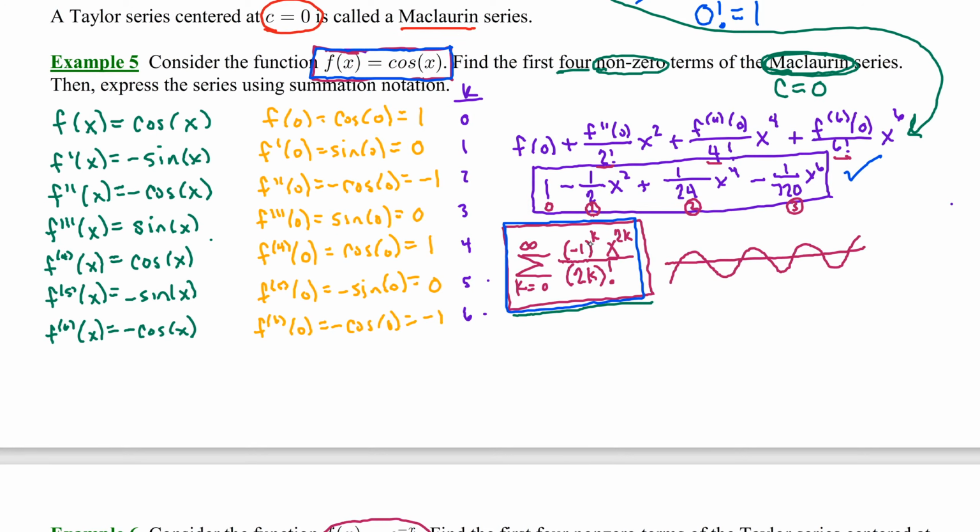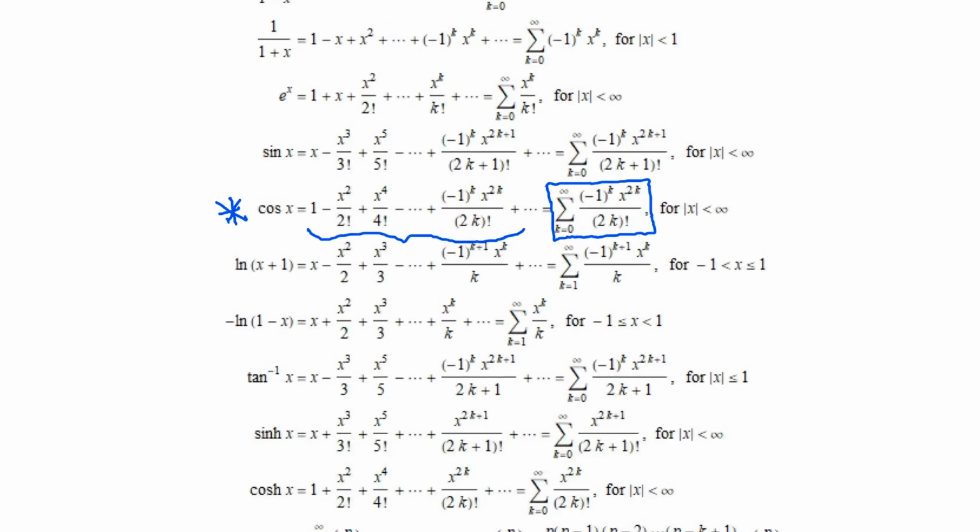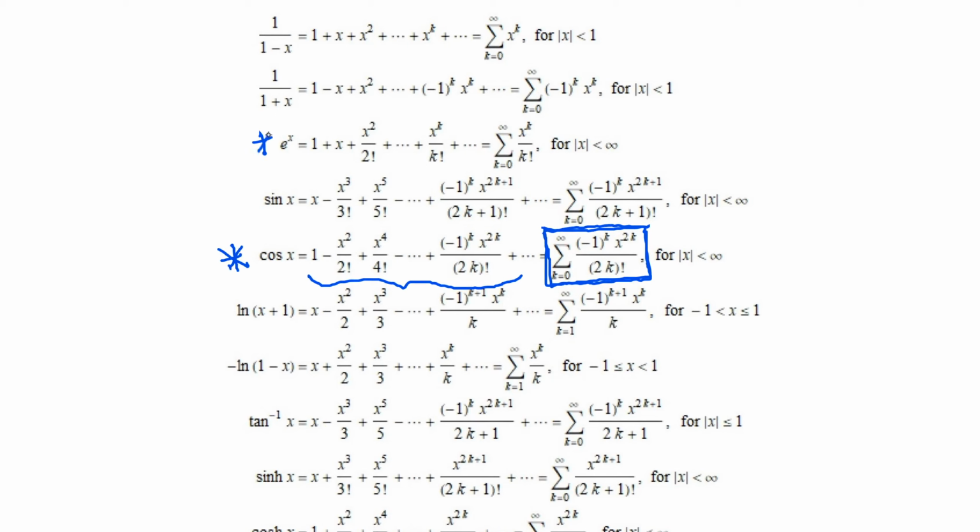So notice we have (-1)^k, x^(2k) over (2k)!. And that's exactly what we have down here. This is the same formula that we were able to generate. In addition, look at this formula, e to the x. E to the x expands into a polynomial like so, and here's the representation of that polynomial in summation notation.